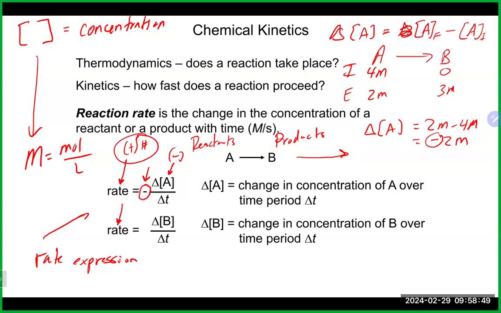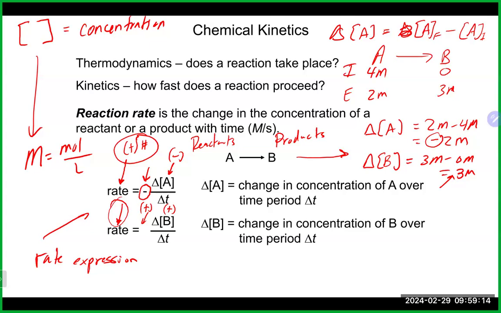Now, if we look at our products, we don't really need the negative there because it's increasing with time. If I did the change in the concentration of B in this case, it would be 3 molar minus 0 molar, and that gives me a positive, which goes with my positive sign and gives me a positive rate.